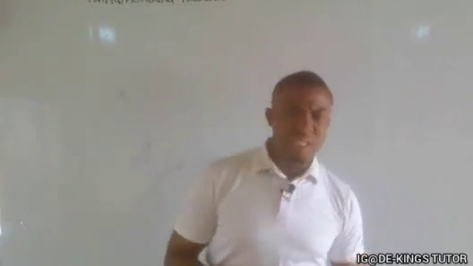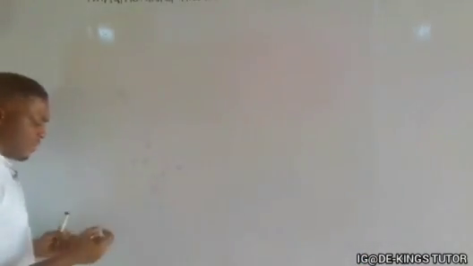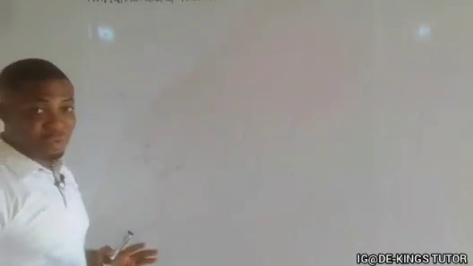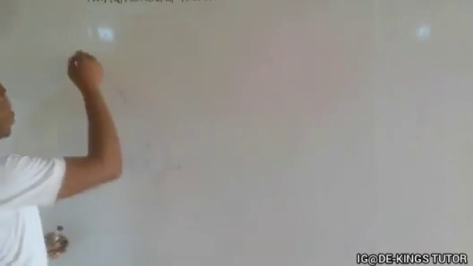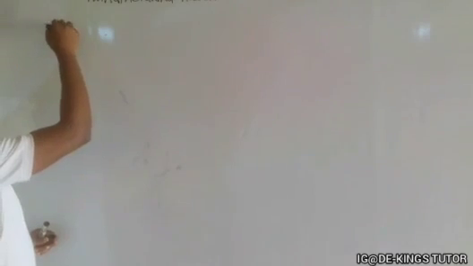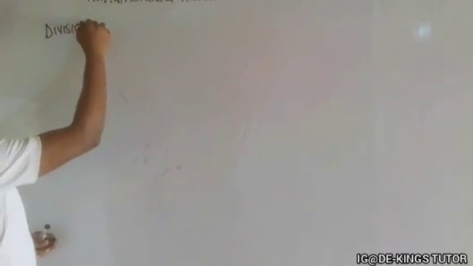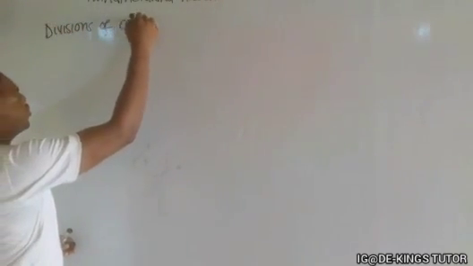Now let's see the different costs that are aligned to manufacturing account. We can call them divisions of cost.